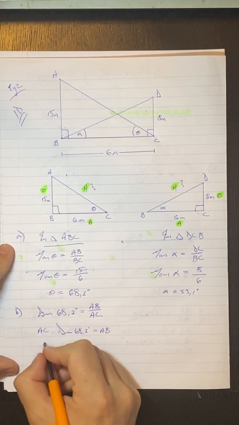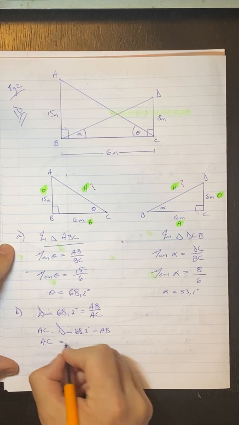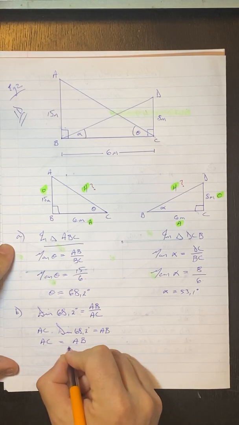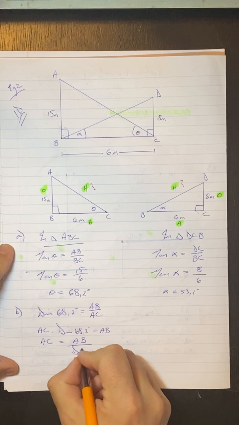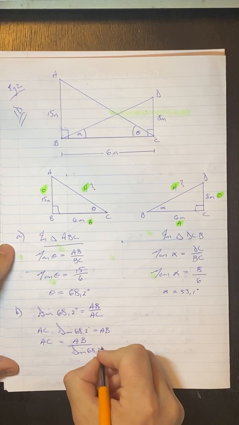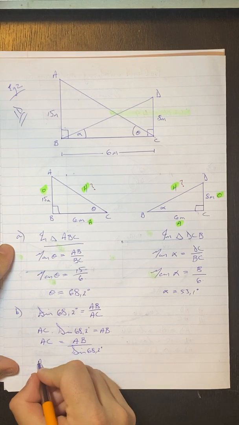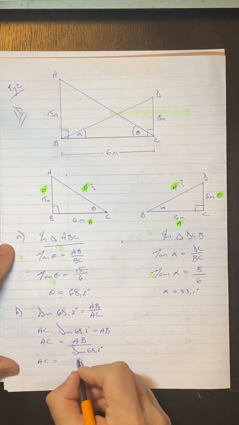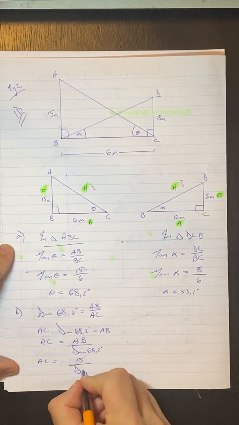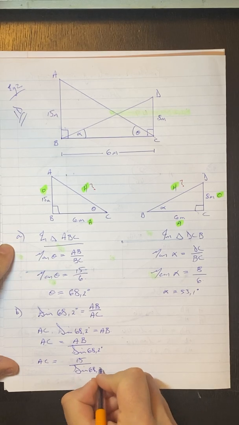Divide by sine 68.2 and we get AC is equal to AB over sine 68.2. We know what AB is, it's 15. So we get AC is equal to 15 over sine 68.2.